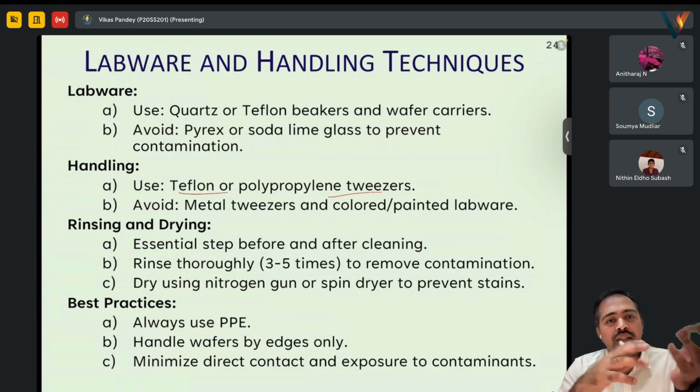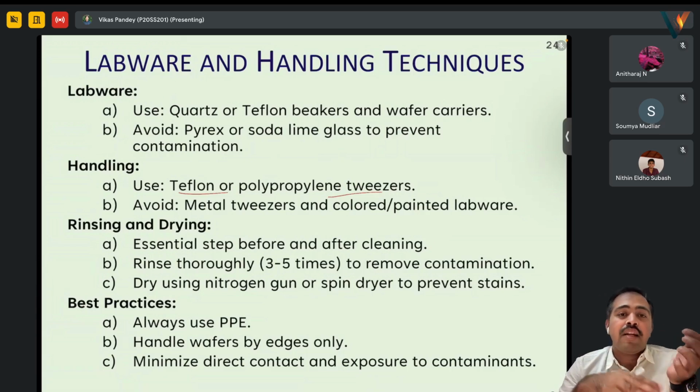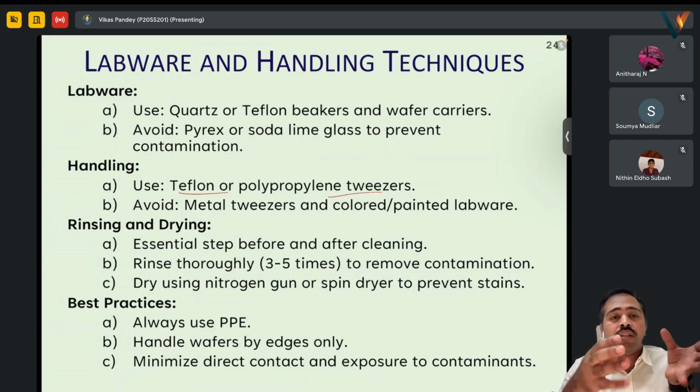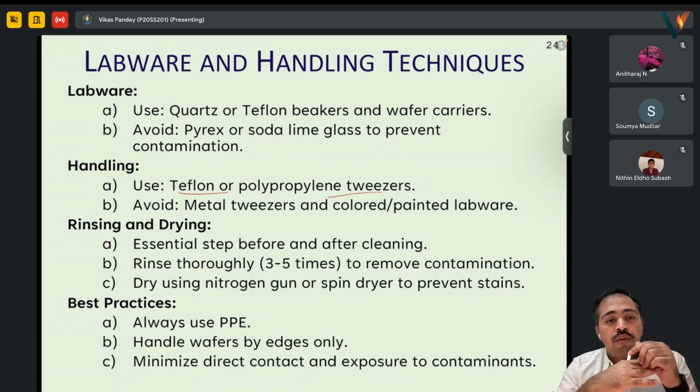It is a plastic-like material, but very stable and not disturbed. Pyrex or soda lime glass is not used because it has contamination, and if you put acid in it, it will crack and everything will spill out.